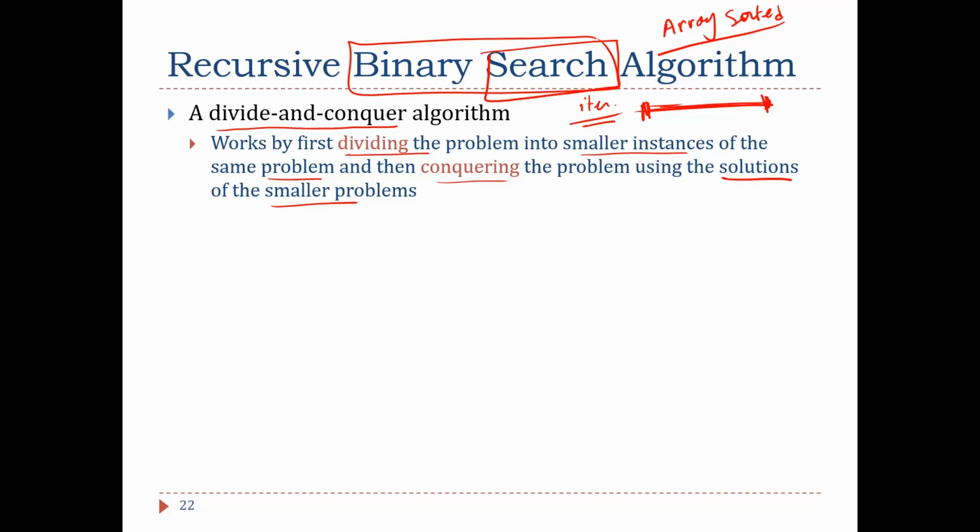Since the values are sorted, if we're looking for a certain value x, we can spot this value in the middle. If it is equal to x, then bingo, we can return it right away. Otherwise, we have to look in this part of the array or in that part. If x is greater than that value, then it must be in this half of the array. Otherwise, if it's less than the value in the middle, then it should be in this side of the array.